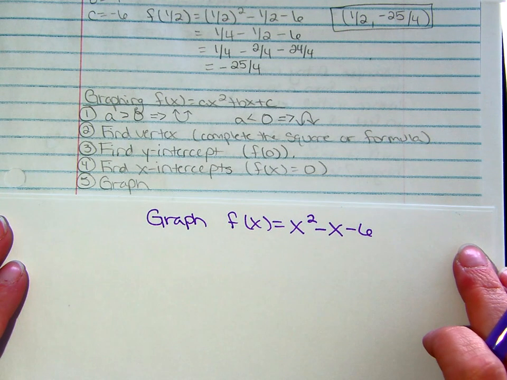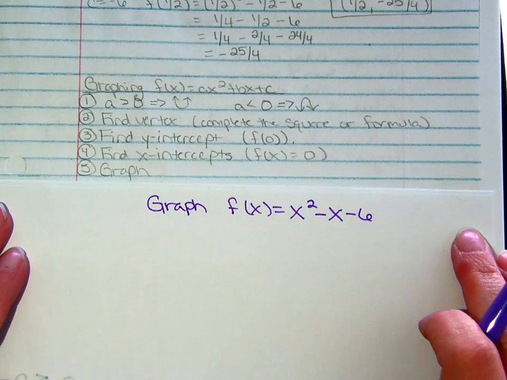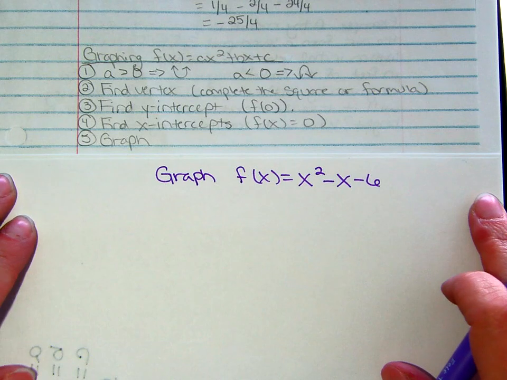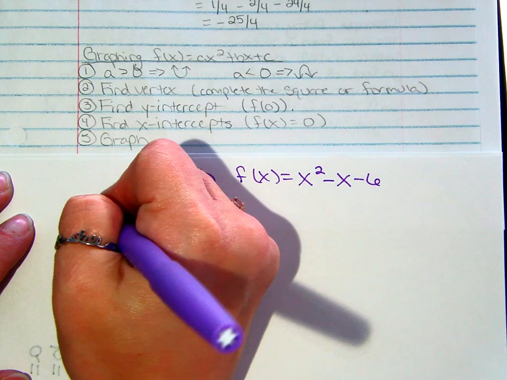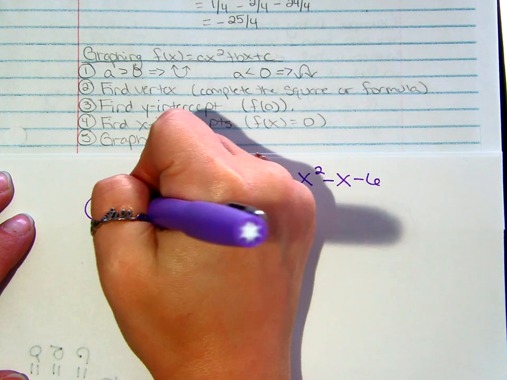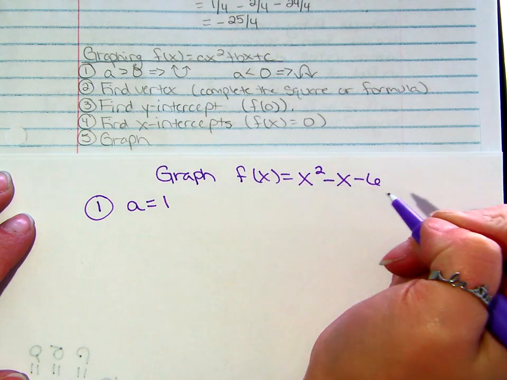Step 1, does our graph open up or down? What is our A value? A is 1. Is 1 greater than or less than 0? Greater than 0, which tells us that we have a parabola that opens up.